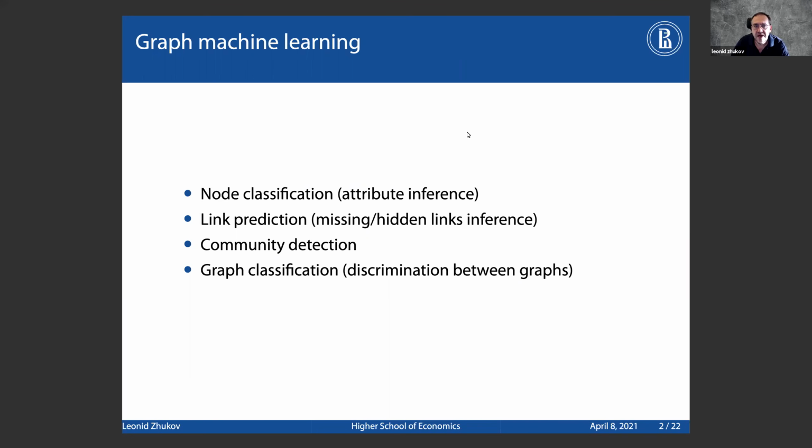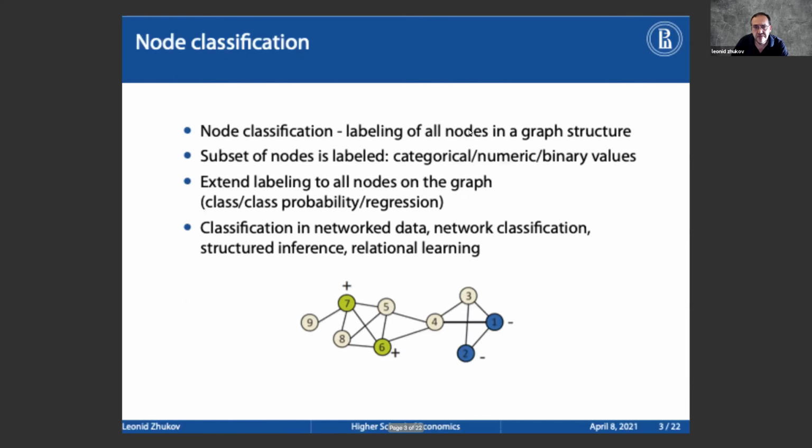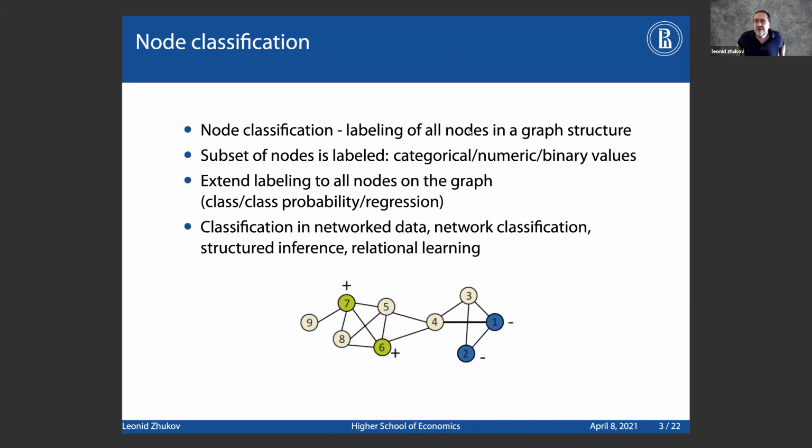But today we're going to talk about the node classification problem, and the idea is quite straightforward. So you do have labels on some of the nodes in the graph, and you do have edges, you have connections, and you want to predict labels on the nodes that are not labeled.